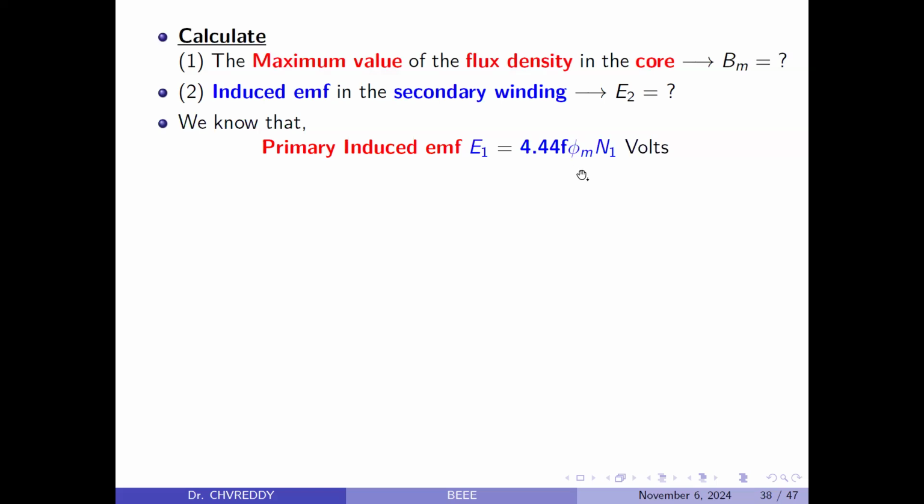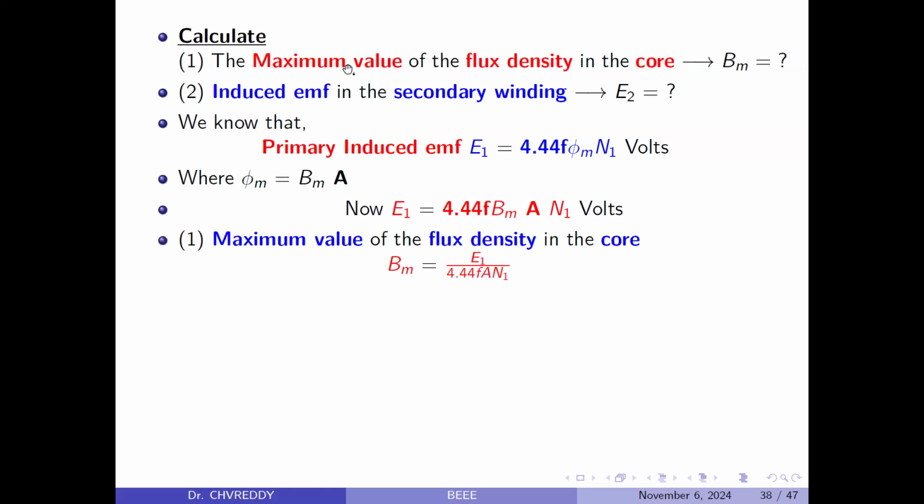We know that phi m equal to Bm into A. So all the data is available, and from that we can easily calculate Bm value. So E1 equal to 4.44 F phi m N1, where phi m equal to Bm into A. Now if we substitute this, E1 equal to 4.44 F Bm into A into N1.